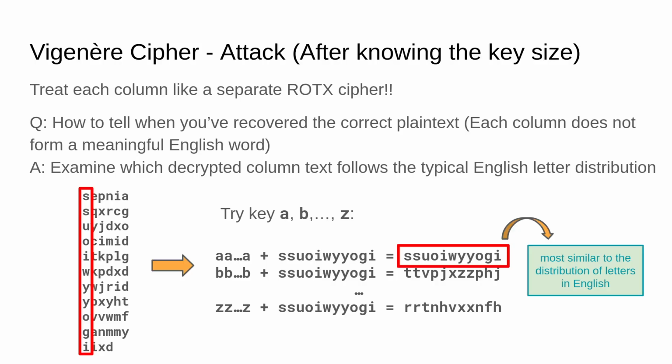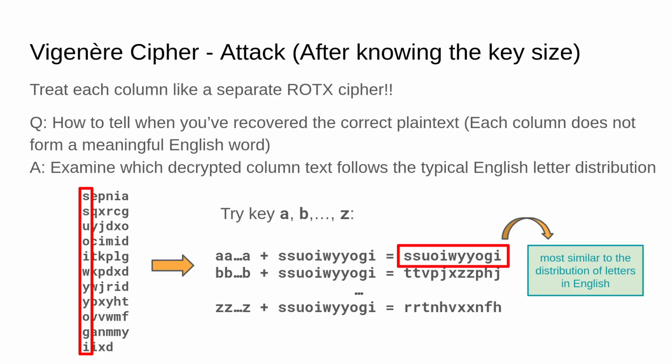Since each column is encrypted separately, if we take a look at the first column, it doesn't form meaningful English words, which means the log likelihood method that I've just mentioned will not work here, because the log likelihood method requires your text to be meaningful English words. So instead of looking for readable words, we need to examine the letter frequency distribution of that column.